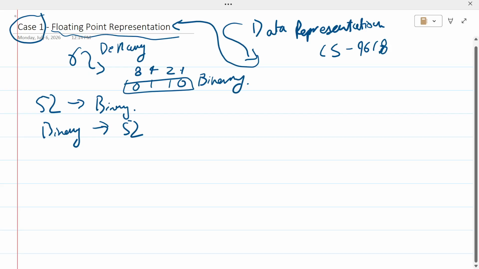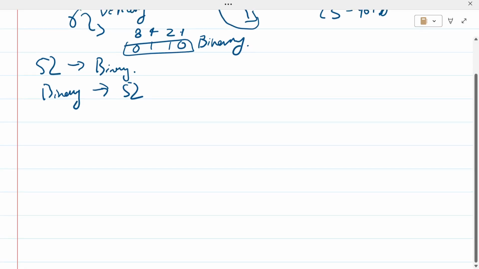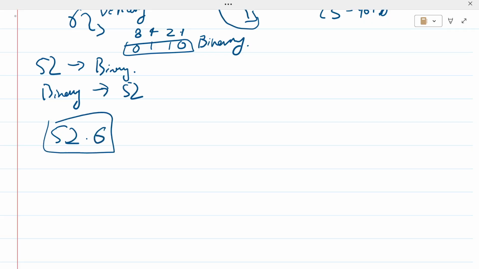You know that already. However, have you ever thought if you were given 52.6, how will you convert that into binary, right? How do you even represent that? I'm not even trying to say what would be the binary representation for that. Like, how would you represent it at all, right? This is what we are going to be learning today.